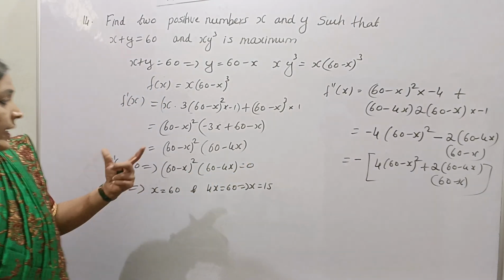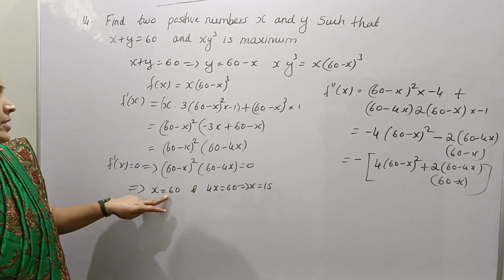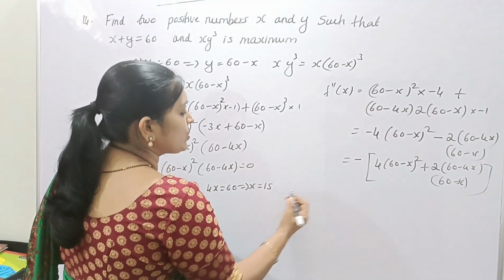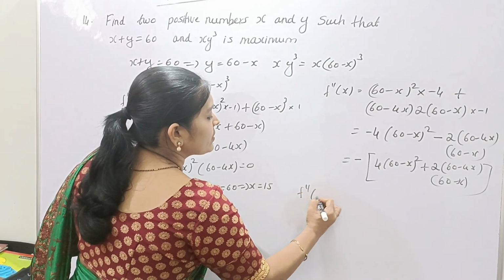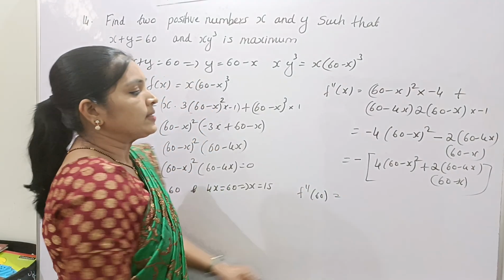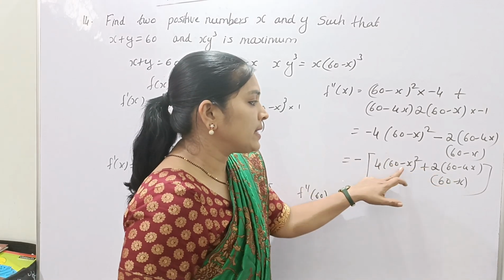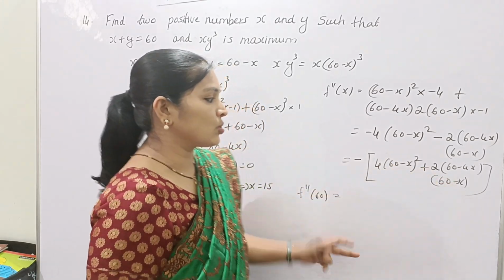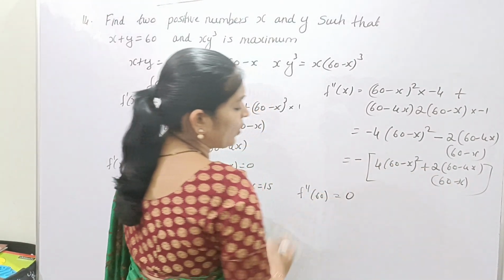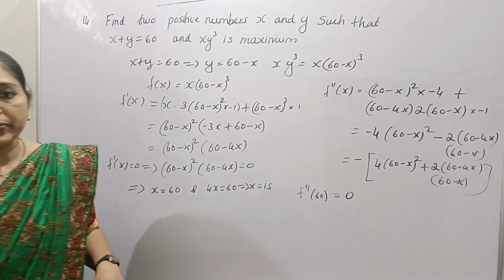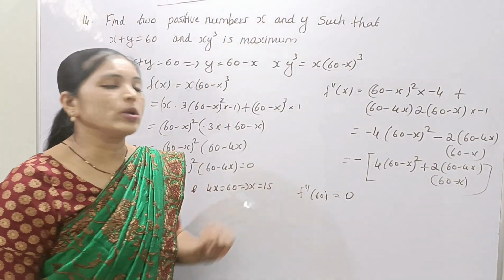What are our critical points? 15 and 60. When x is equal to 60, if you substitute x = 60, this term will be 0 and this term will be 0, so totally f''(60) is 0. So it is not possible.